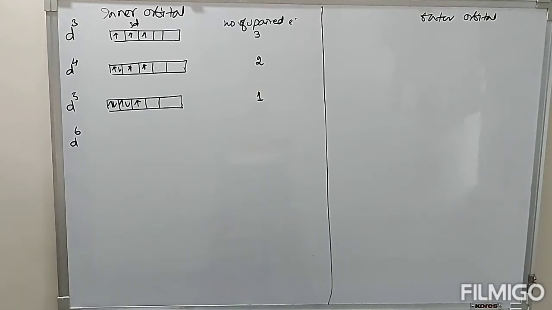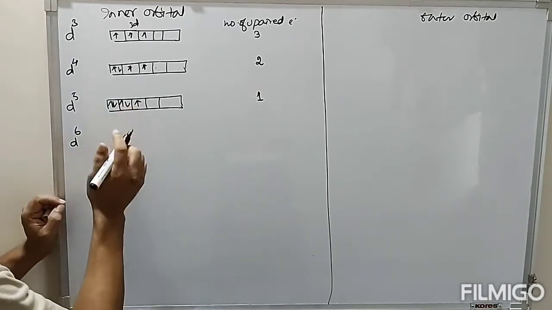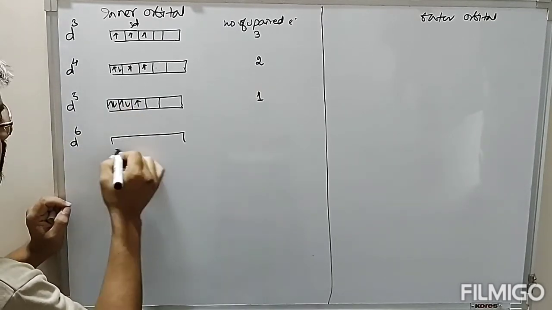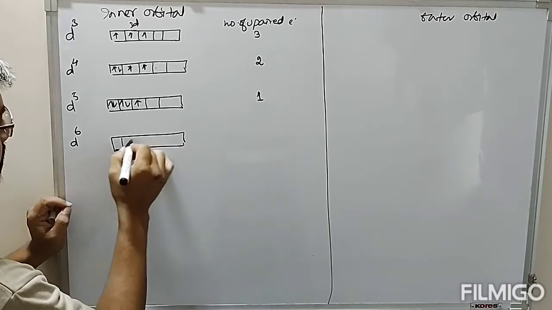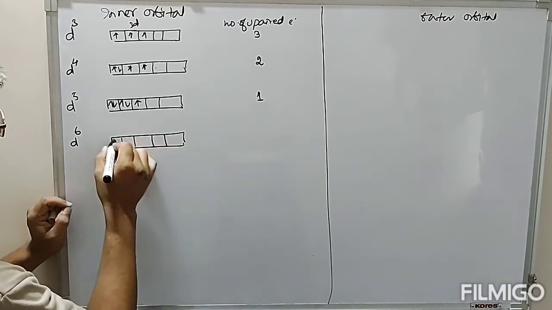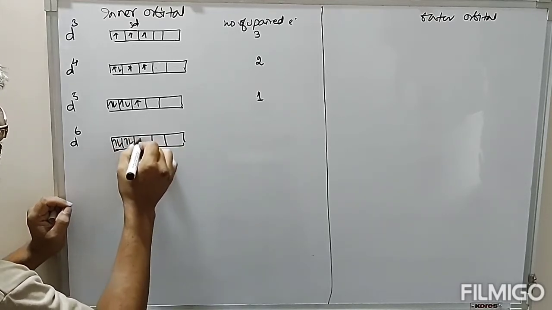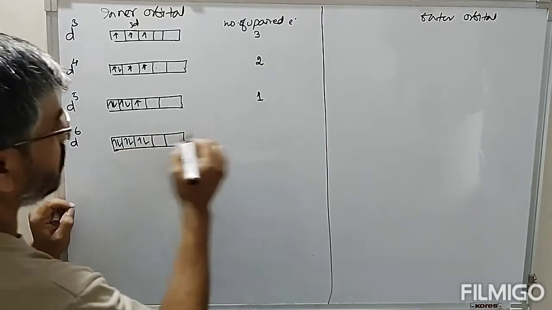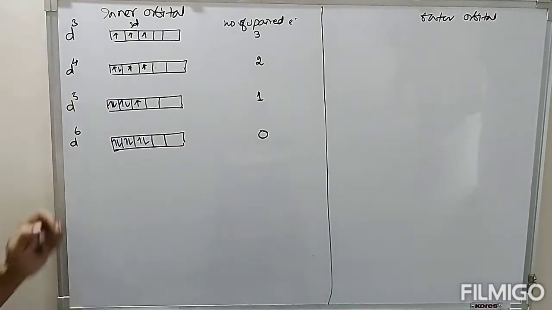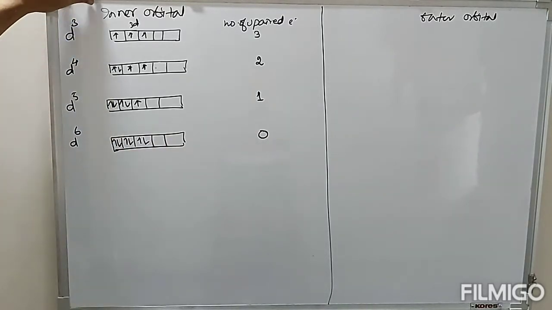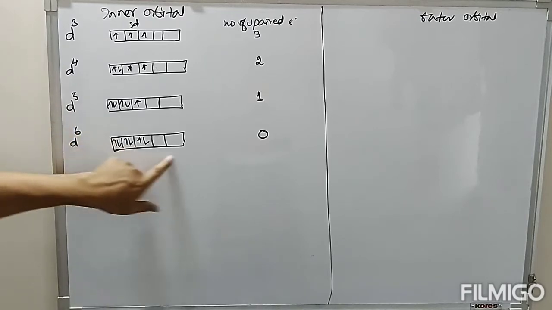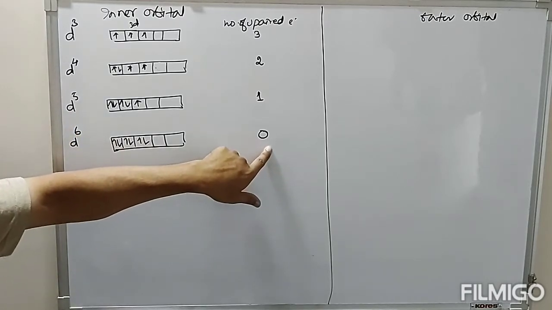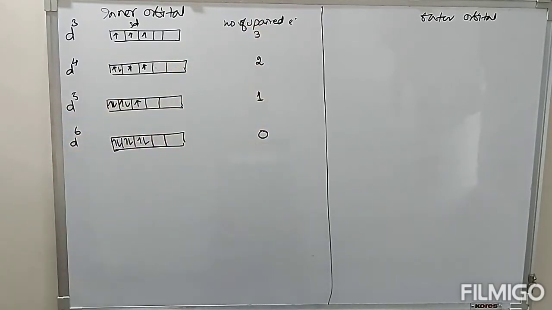D6: the 6th electron will be forcefully paired up here, so the number of unpaired electrons is 0. So an inner orbital d6 complex has 0 unpaired electrons.